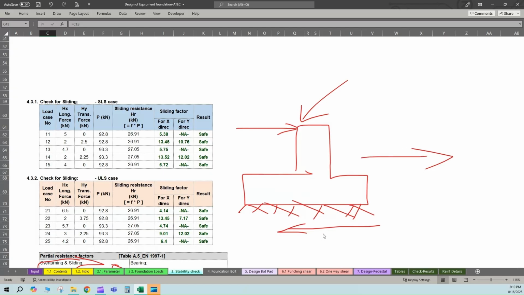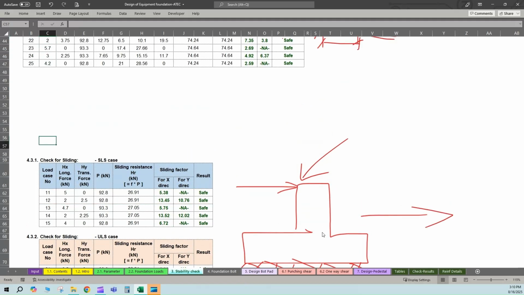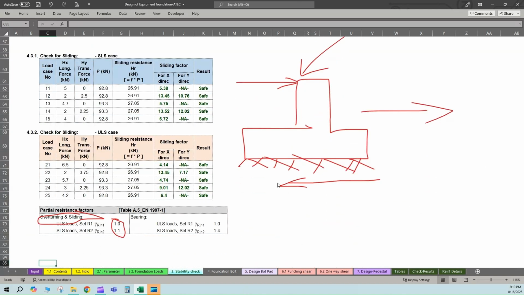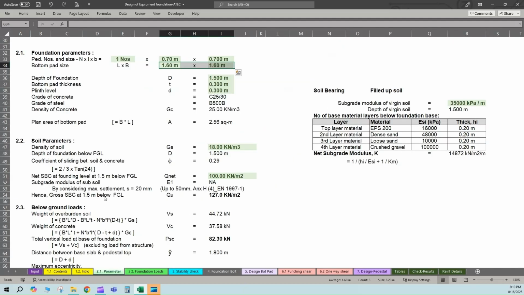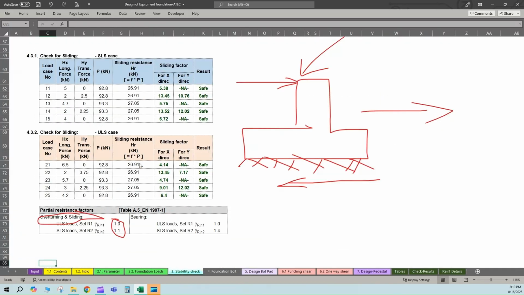Generally, this resisting force acts through the weight, and we already calculated the angle of internal friction and the coefficient to resist sliding between the concrete and the soil. You can see this line, 0.29 is our factor. We apply this factor to the total weight P, which is the concrete, soil and the vertical load from the structure.